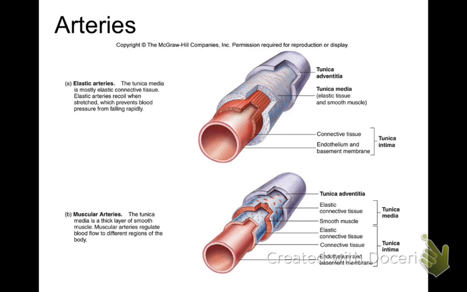So in the elastic arteries, you'll notice you have a very thick tunica media, but it's mostly elastic tissue with much less smooth muscle. You'll also see that the smooth muscle fibers tend to run along the longitudinal axis of the vessel, so that when they contract, they're not going to constrict the vessel. Elastic arteries really don't constrict very much.